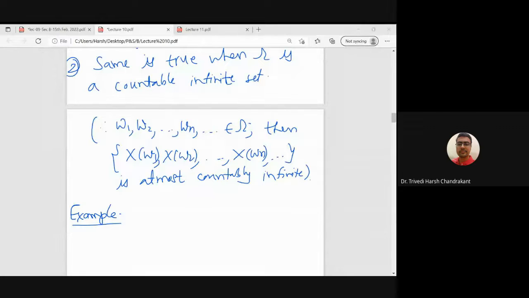So omega, what is an example of omega which does not have finitely many elements, but countably infinite elements? We have seen several experiments, right? Tossing a coin, throwing a die. So what is the experiment which has countably infinite outcomes?